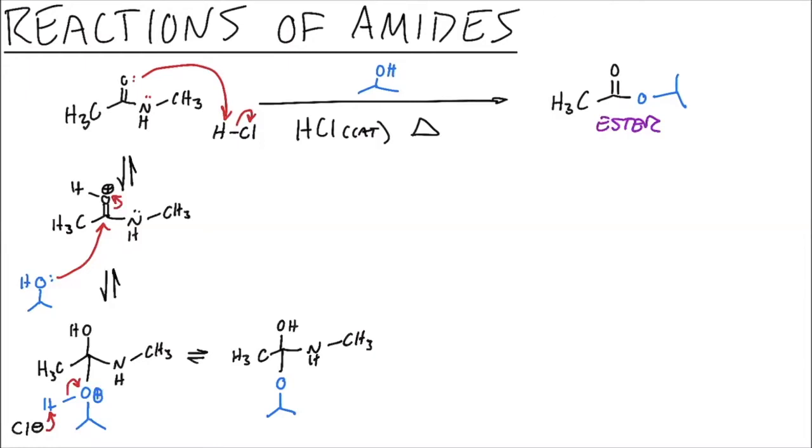What will happen instead is the nitrogen will be protonated first using our acid catalyst, and then it will be a good leaving group to be able to be kicked out without making any strong bases. Remember, we don't want to make strong bases in an acidic solution or vice versa. No, no, no, that is not how we do it in organic chemistry.